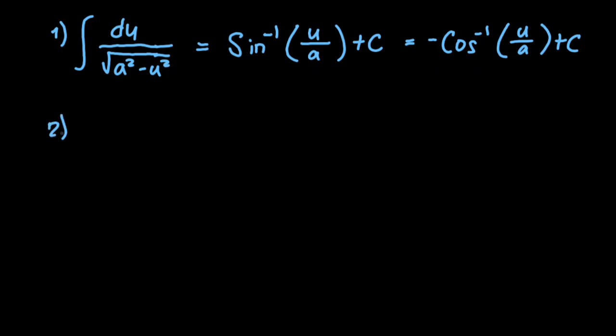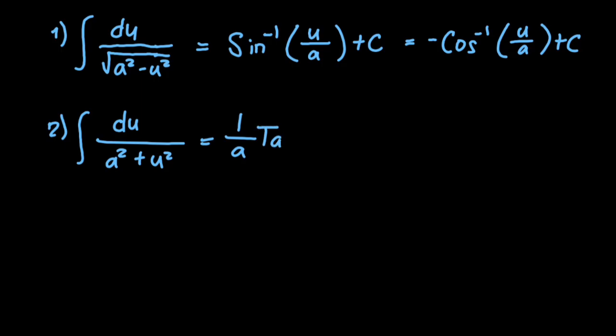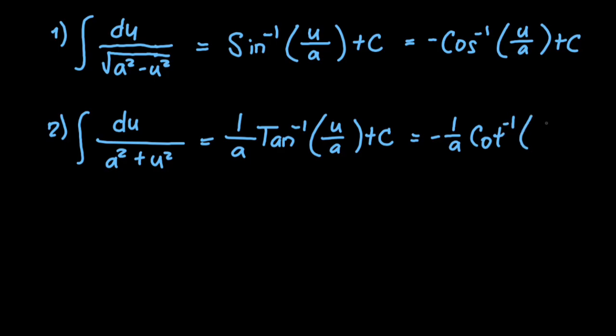The second formula for this would be the integral of du over a squared plus u squared is equal to 1 over a multiplied by arctangent or tangent raised to the power of -1 multiplied by u over a plus c. Or this is also equal to negative 1 over a multiplied by arc cotangent multiplied by u over a plus c.